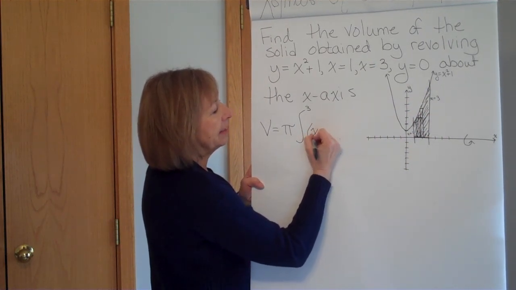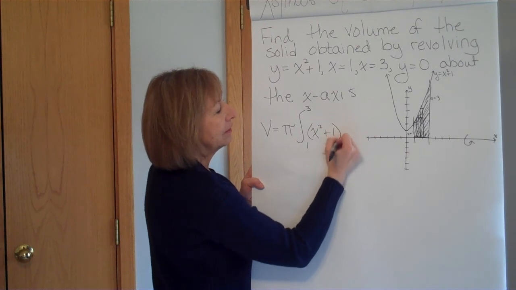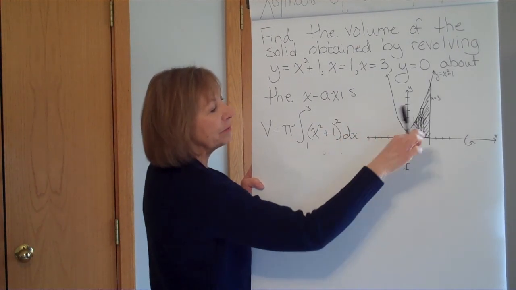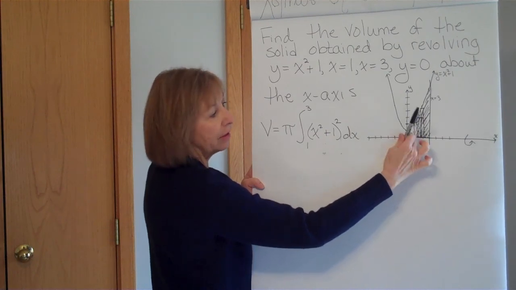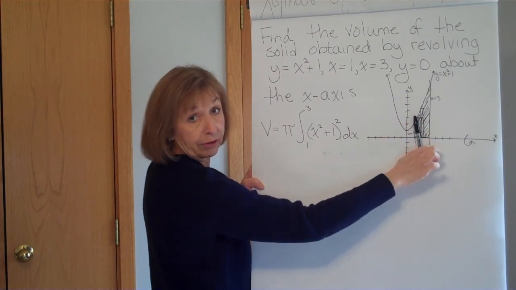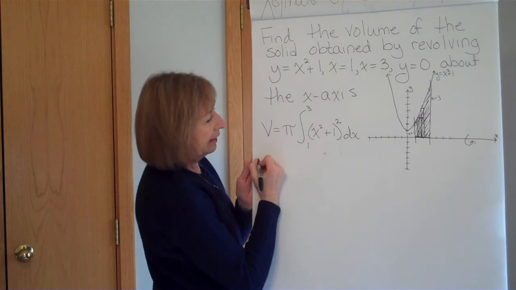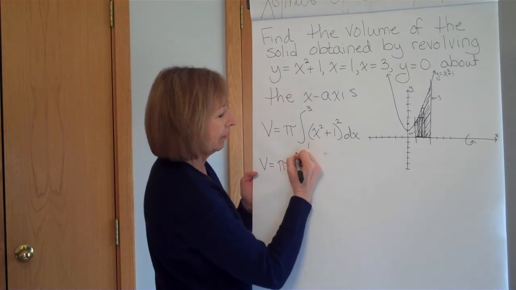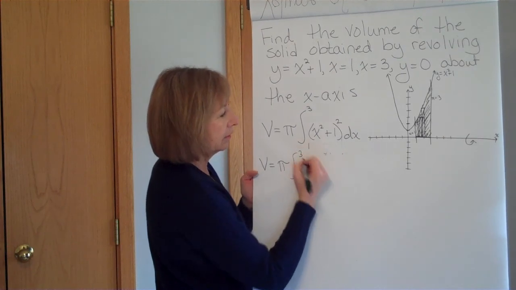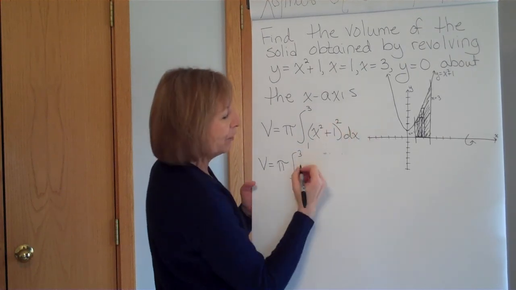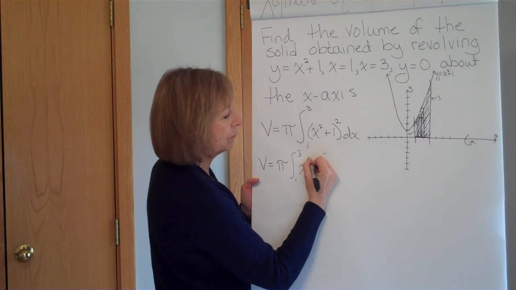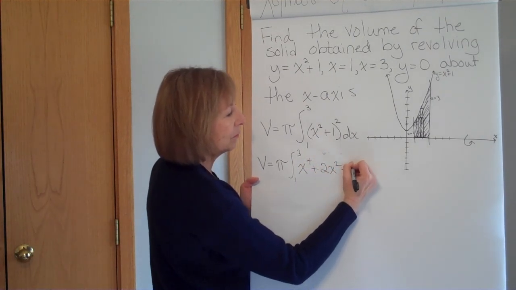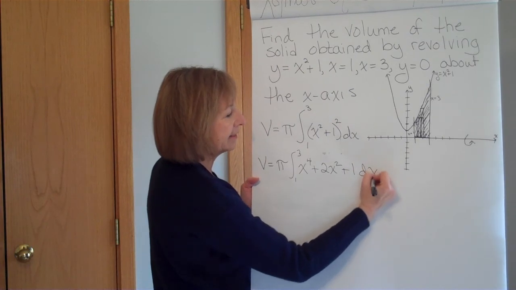So that's the radius squared, and it's dx because my subrectangles are tall and thin, they're going vertical. Now to calculate this, we're going to multiply out the binomial, so that's x to the 4th plus 2x squared plus 1 dx.